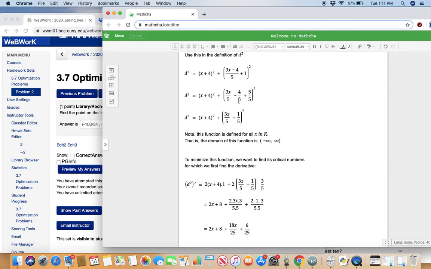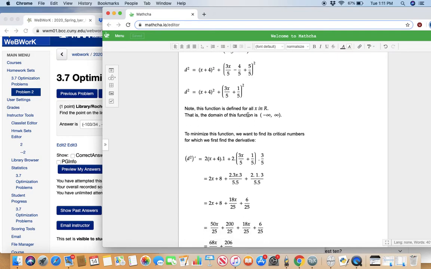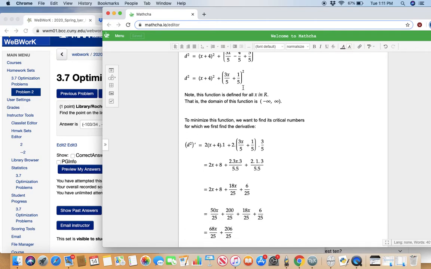So notice negative 4 over 5 plus 5 over 5 is positive 1 over 5. Okay, everything else is the same. Squaring, squaring. All right. Now this function is defined for all x in R. That is, the domain of this function is negative infinity to positive infinity. Okay, you don't have any denominators, any square roots, so this is safe.